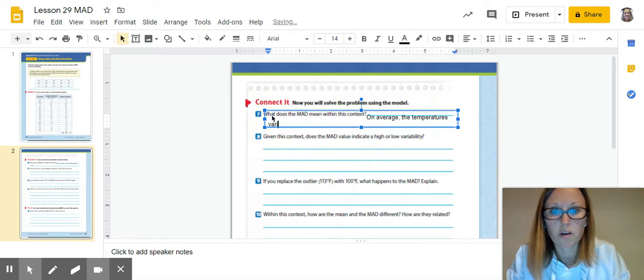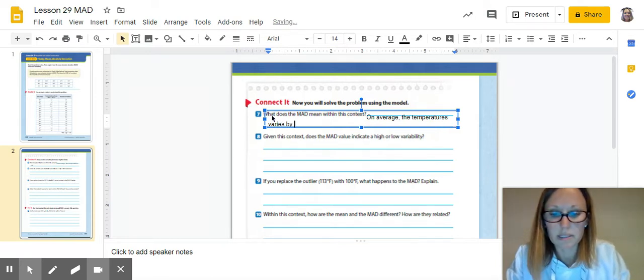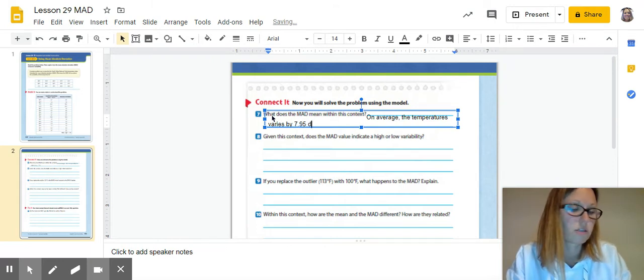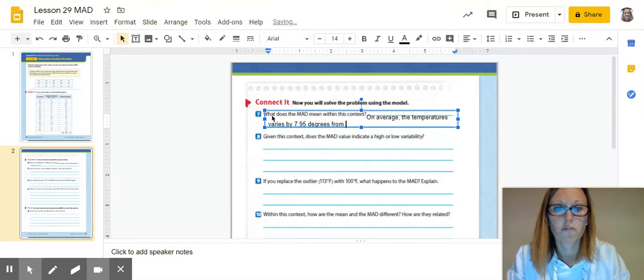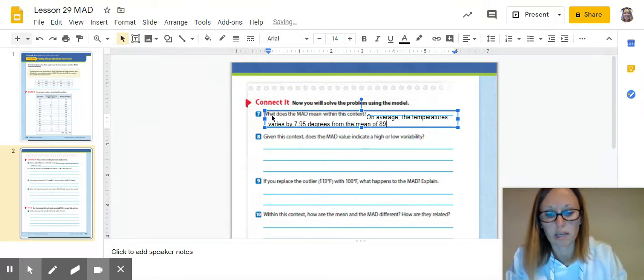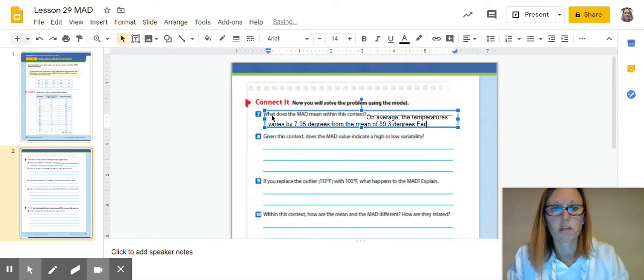The temperatures vary by 7 and 95 hundredths degrees from the mean of 89 and 3/10 degrees Fahrenheit. Oh, I spelled this wrong the last time too.